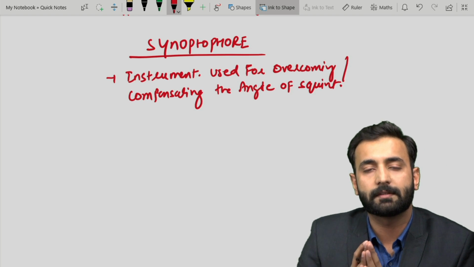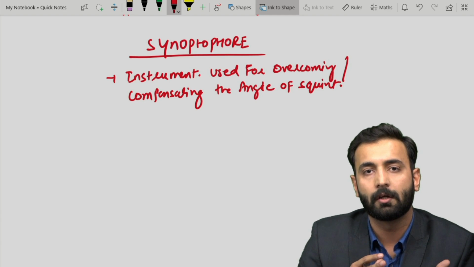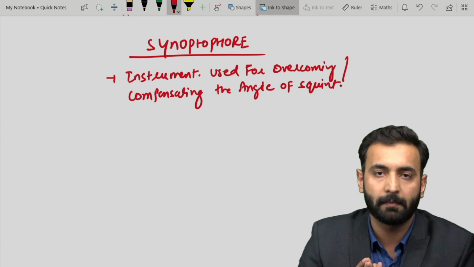So synoptophore is an instrument which is used for compensating the angle of squint, and it allows the stimuli to be projected in the two eyes simultaneously.